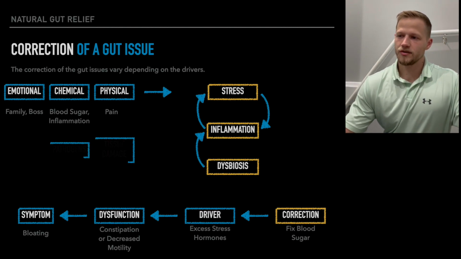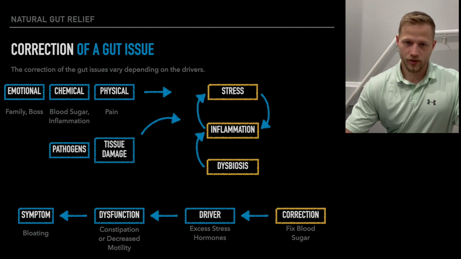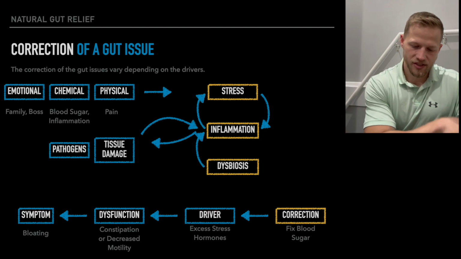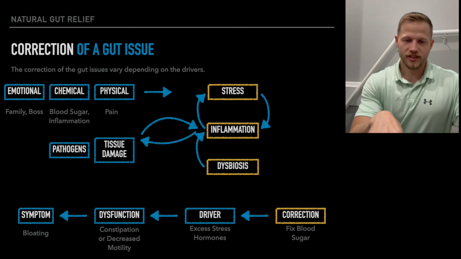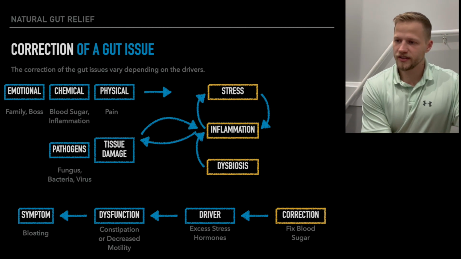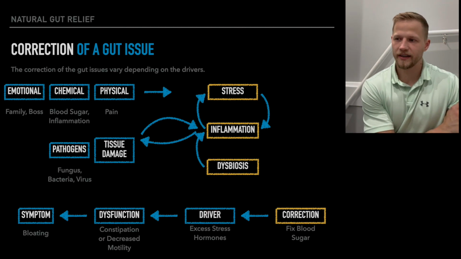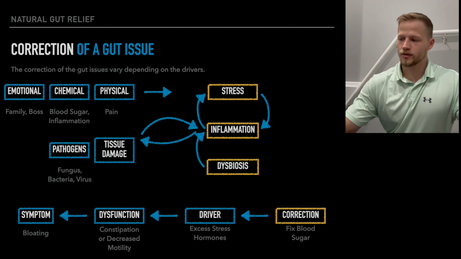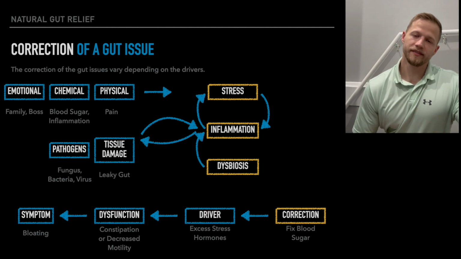There are two things primarily that will drive an inflammatory issue: pathogens and damage to tissues. Most people know that your immune system is going to react to some sort of infection, whether that's fungus, bacteria, virus, etc., or some sort of tissue damage. I just rolled my ankle and I get an inflammatory response.